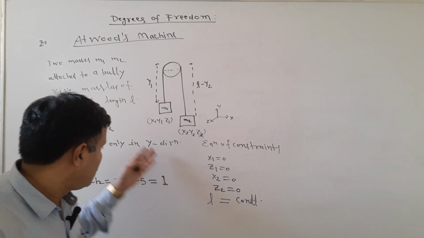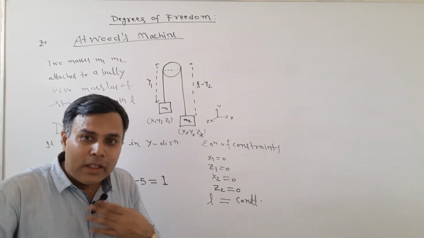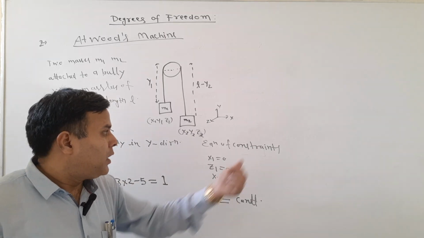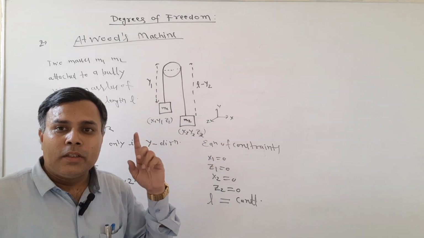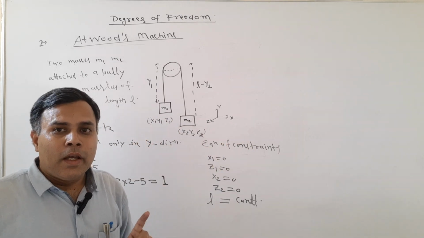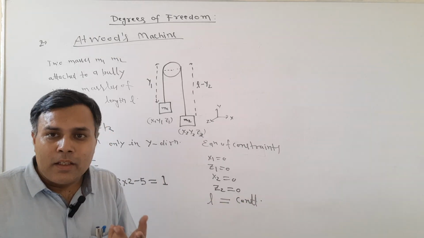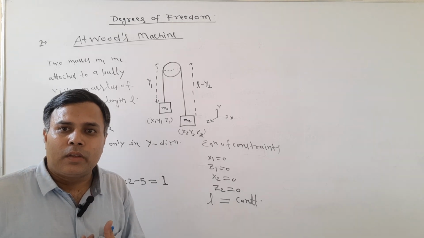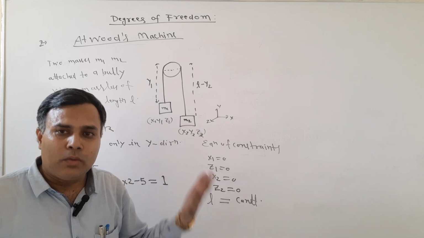This is the mathematical way to find the degree of freedom, and we can also analyze it physically. In the earlier case, our pendulum is in a plane, so in principle it has at least 2 degrees of freedom, but there is a hidden equation of constraint, x equal to L theta, or x square plus y square is equal to L square.